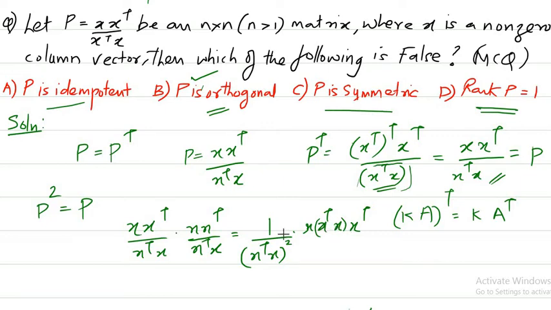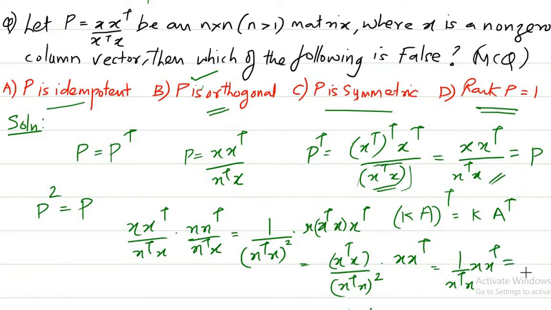So that constant you can take out, and if you write it down, you'll get something like this: x transpose x whole square into the matrix x x transpose. And the denominator and numerator you can cancel out. You get 1 by x transpose x times x x transpose, which is nothing but equal to our P matrix. So what do we get? We get that P is actually an idempotent matrix. So the only false option here is option B, that is P is orthogonal.